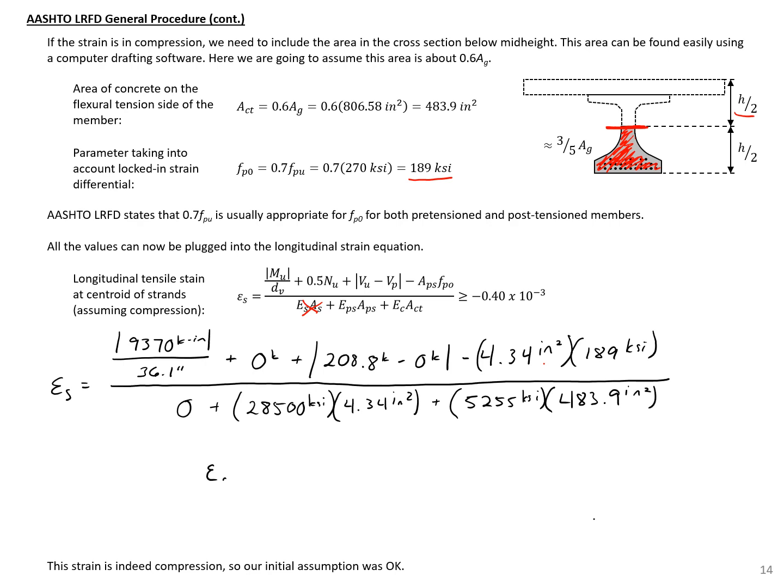So we'll get an epsilon s here to be negative 0.132 times 10 to the negative third. And we can see that this is greater than the lower limit of negative 0.4 times 10 to the negative third. So this is the value that we can use for the rest of our calculations.